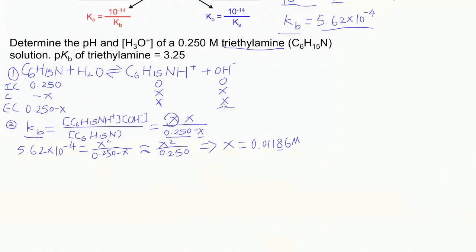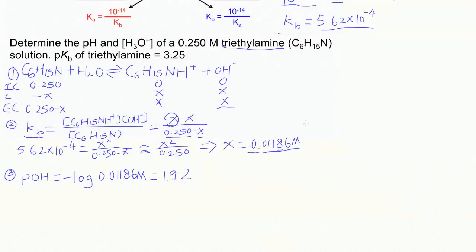Based on our IC chart, x is the concentration of the OH. So when you take the negative logarithm of this one here, you get your pOH value. So pOH equals negative logarithm of 0.01186 mole per liter. That gives me 1.92. And one thing I forgot to mention here is you have to validate the assumption.